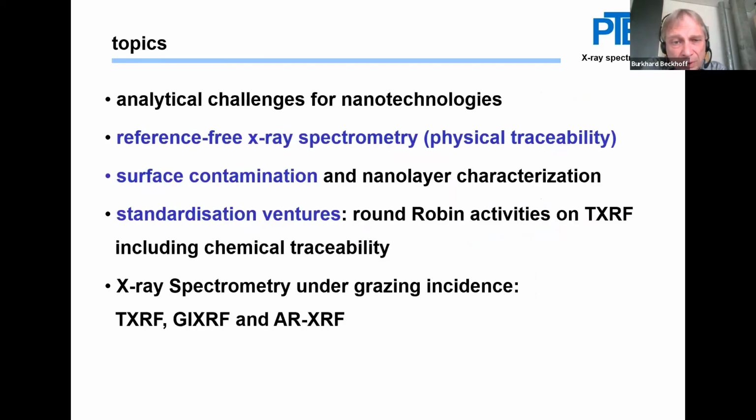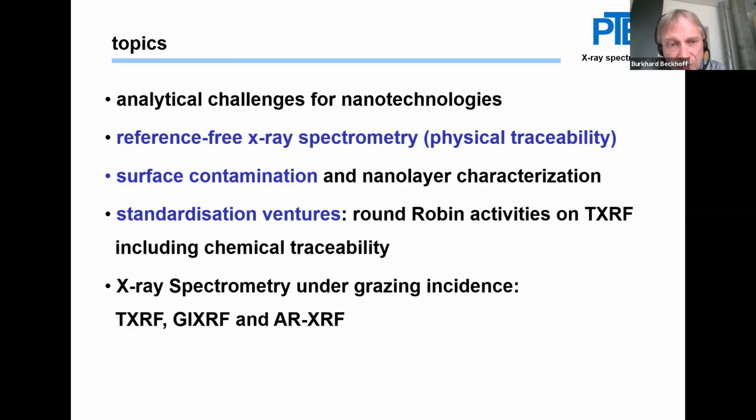I'd like to briefly show you the motivation that we had at PTB to address this field. I'm more from XRF than from TXRF, or grazing-incidence XRF, which some of you may notice in the way I argue.